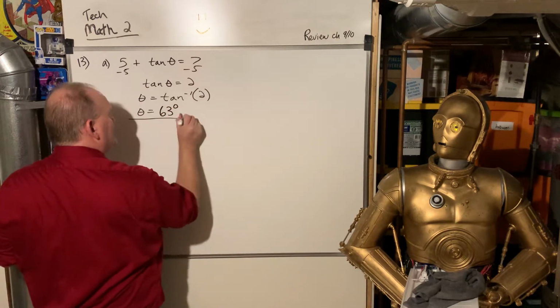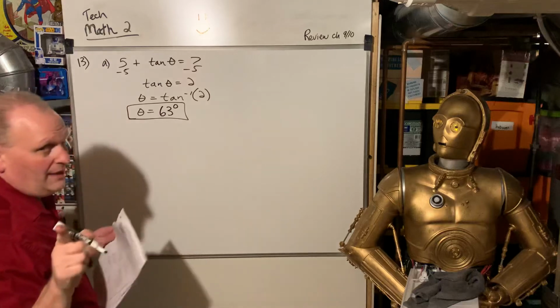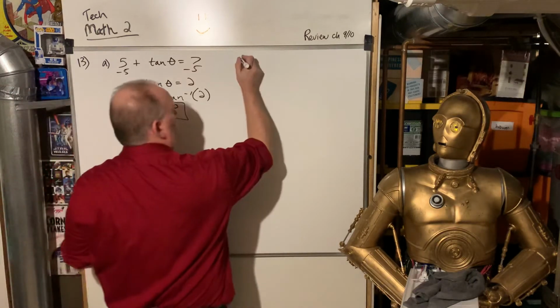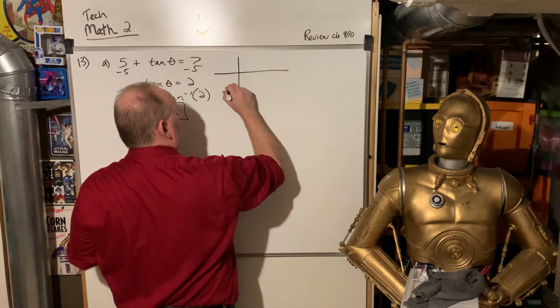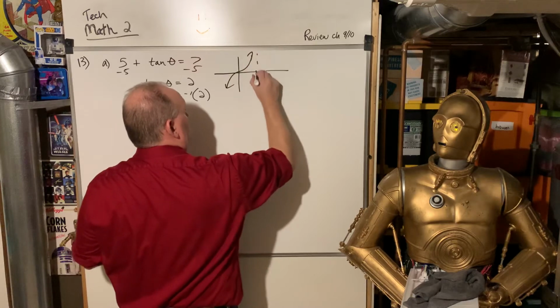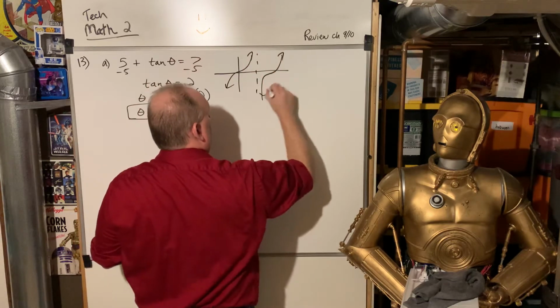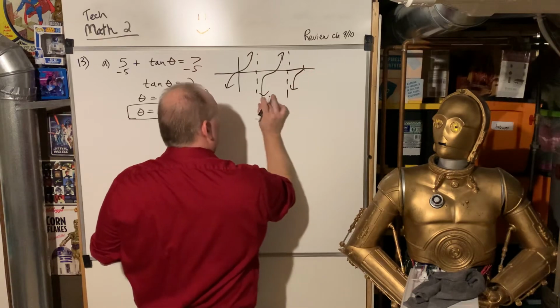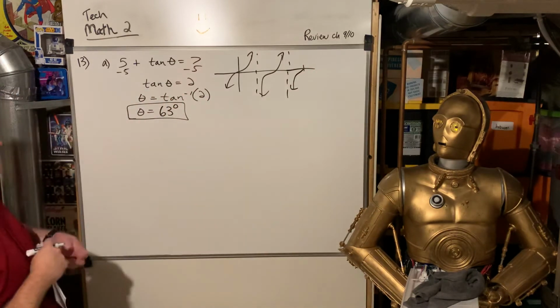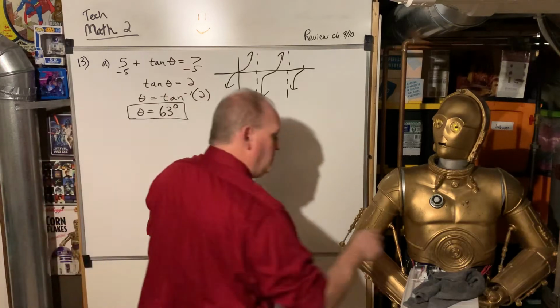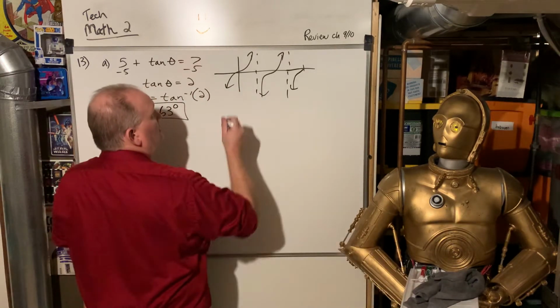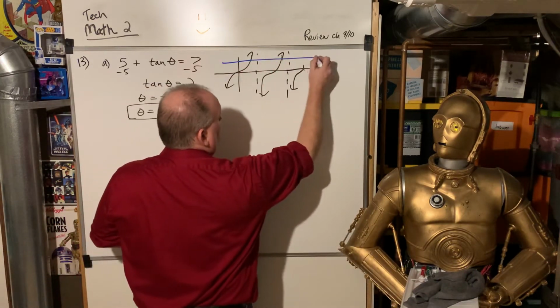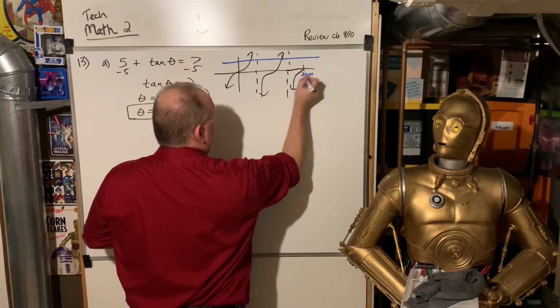But we're not done. That's only one answer. If you think about what the tangent curve looks like from 0 to 360, here's 360 degrees.